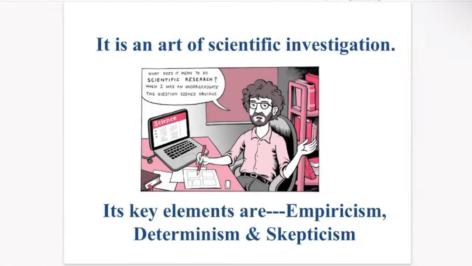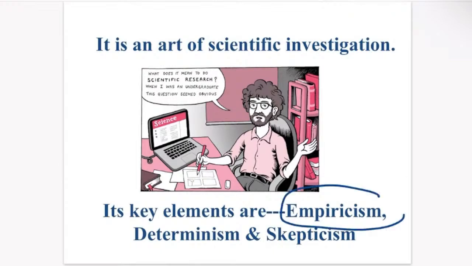So it is an art of scientific investigation because it requires skills. That is why it is an art. And it is scientific investigation because it follows certain rules, certain methods, certain steps, and without that you cannot say that your research is good research. The key elements are empiricism.